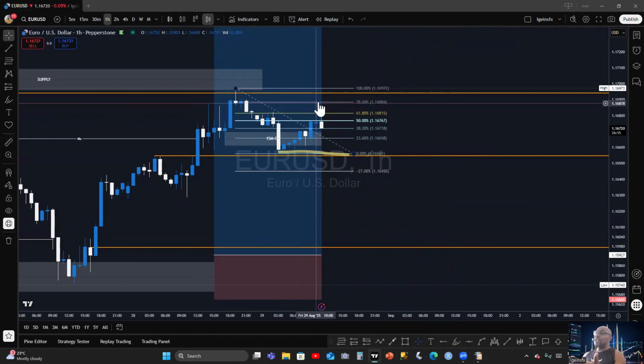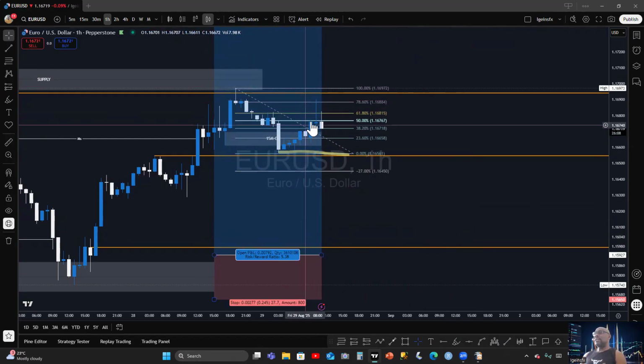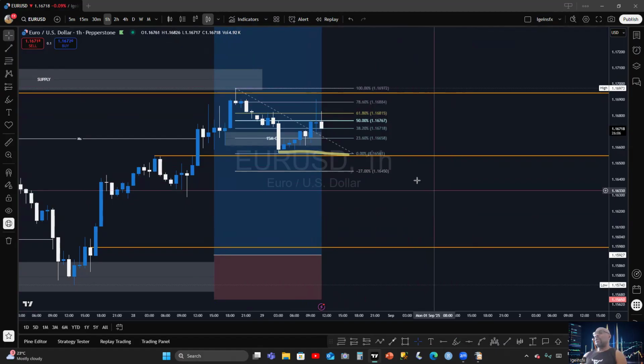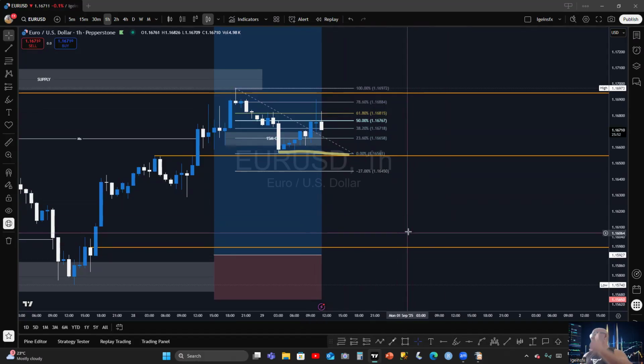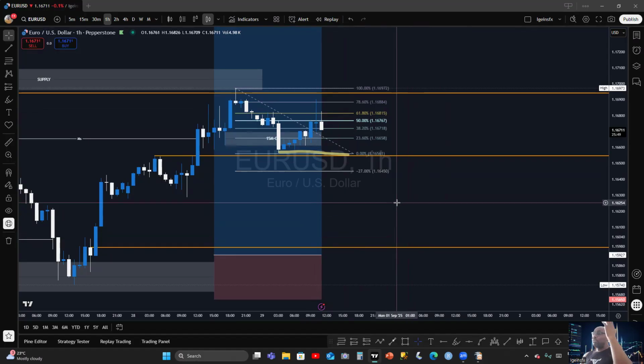This candle here shows us that there are sellers already in the market, and this is the result. When this one opened, the buyers tried to push the price up, but as it stands now, sellers have taken over. As simple as you can see, it's dropping. Sellers are pushing the price to the downside. As simple as that, guys.